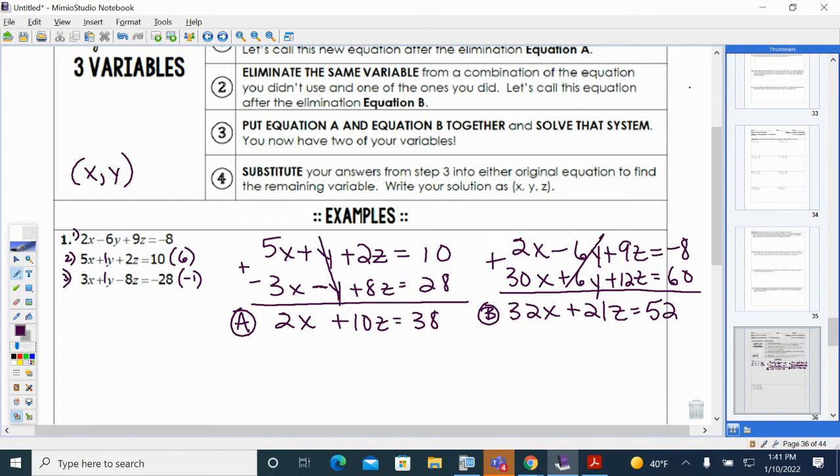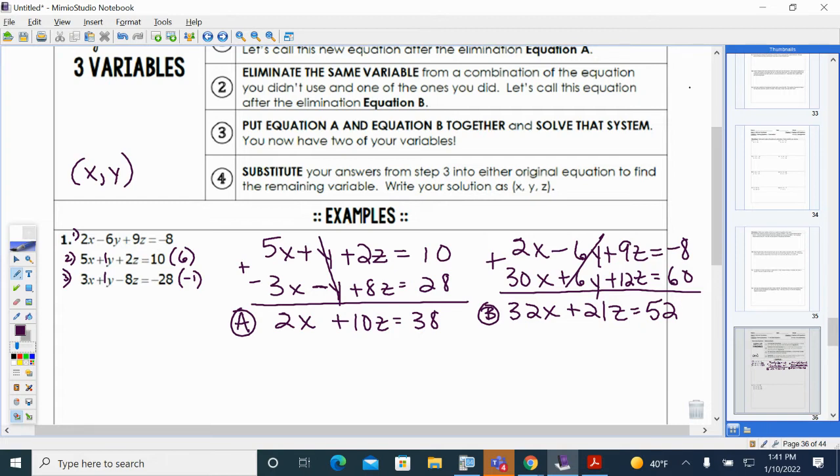So looking at equation A and equation B, I would probably eliminate the x's. Equation A has a positive 2x. Equation B has a 32x.